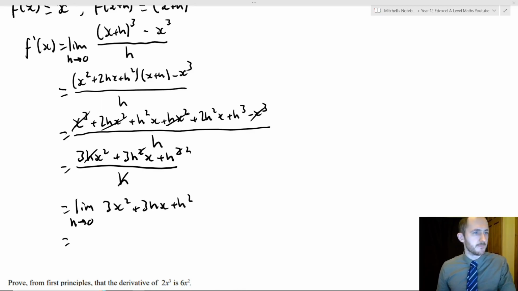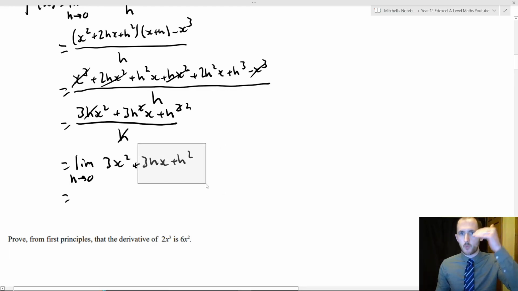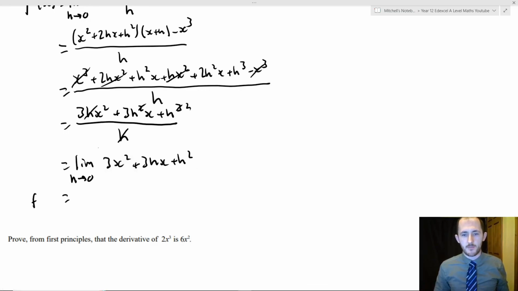Okay. So, if we have a think about that, if h is becoming 0, these two terms will go to 0, right? As I make h smaller, those terms get smaller and smaller. So the only thing I have left is 3x squared. So again, f prime of x will just be 3x squared.